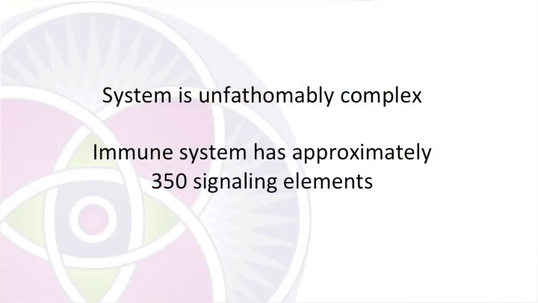For instance, our immune system has 350 different signaling molecules on it. So it's an enormous mobile, which also explains why there are so many unintended drug interactions. Because if you affect any one of those little stars, it's going to shift all 350 of those other stars. And who could possibly figure that out?